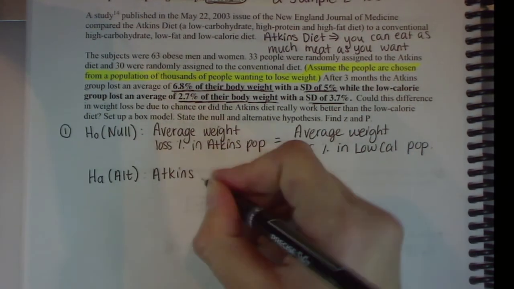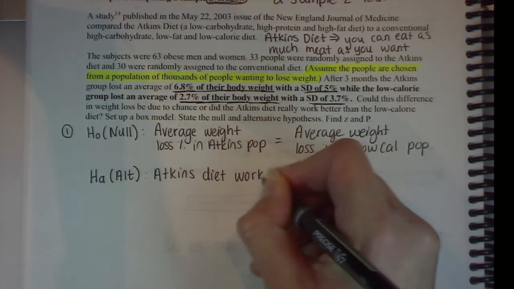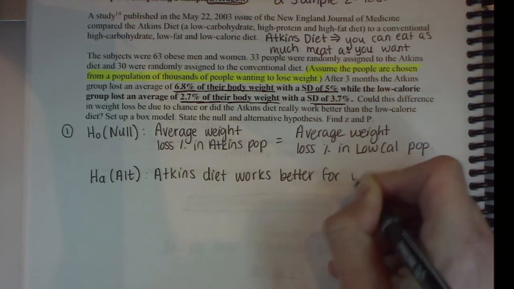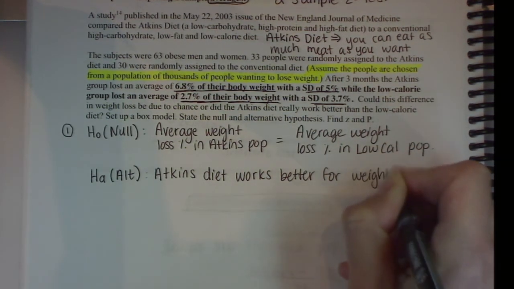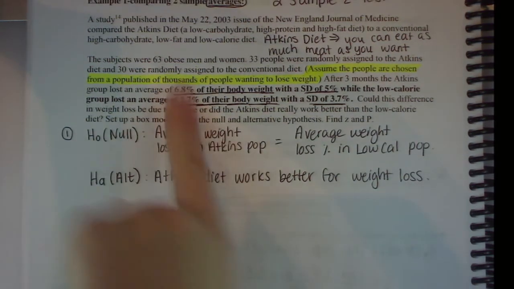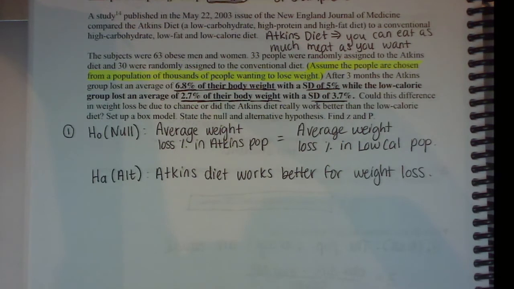Or I could just say the Atkins diet works better for weight loss. That's what people were arguing, so that's what we're trying to test. And we did see evidence of that in our sample. All right, step one, done. So nothing too new so far.